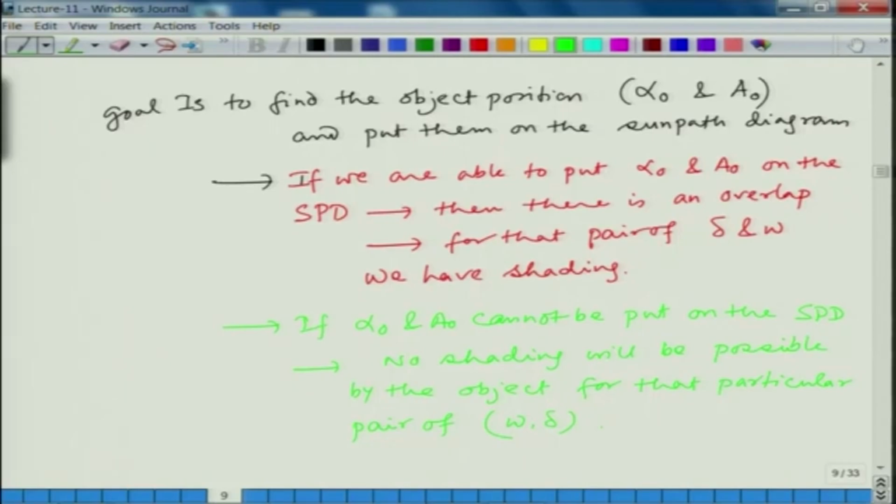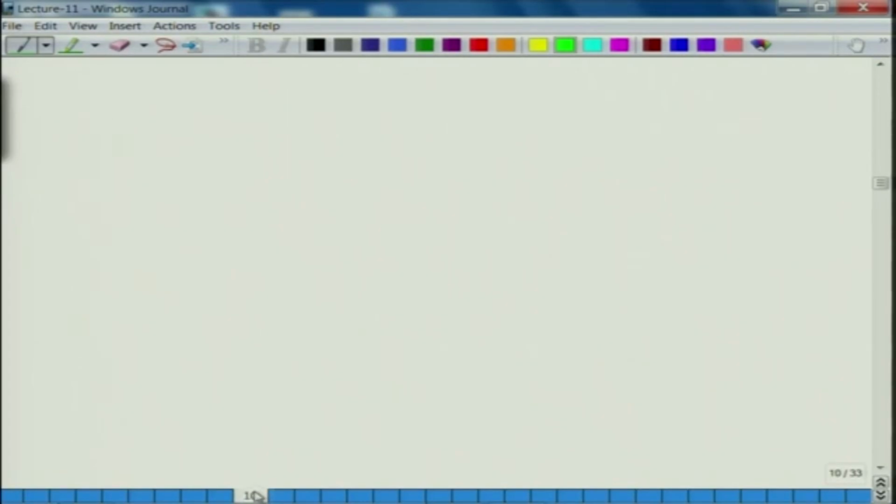Clear? Okay. So, let us try to take an example. Otherwise, this becomes a little hazy to visualize. So, what is the statement?